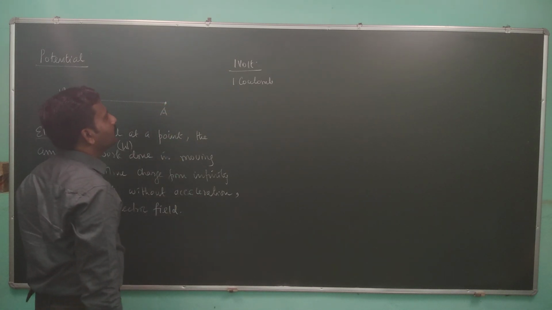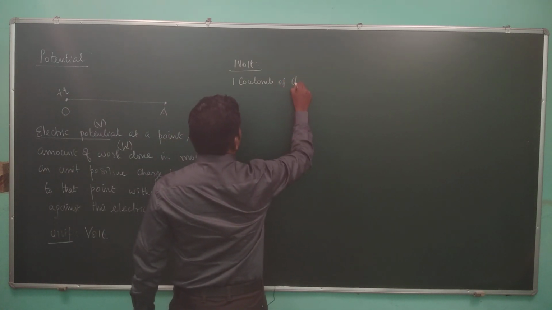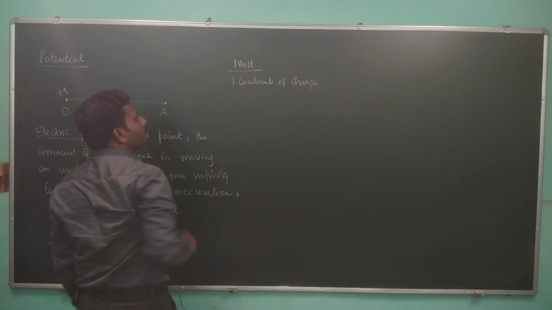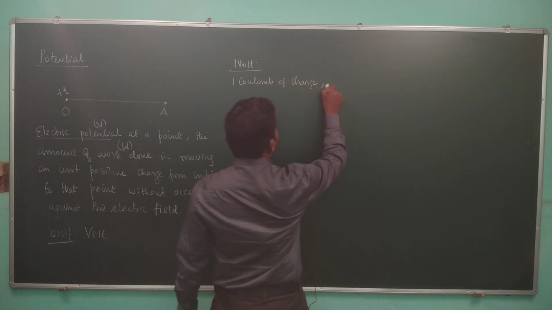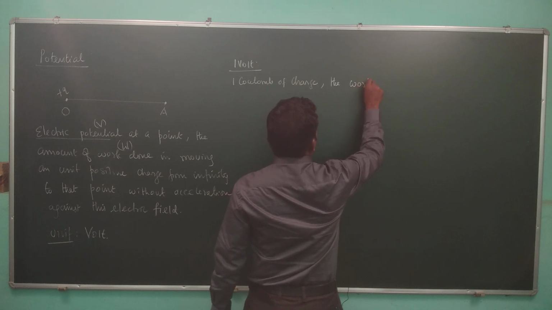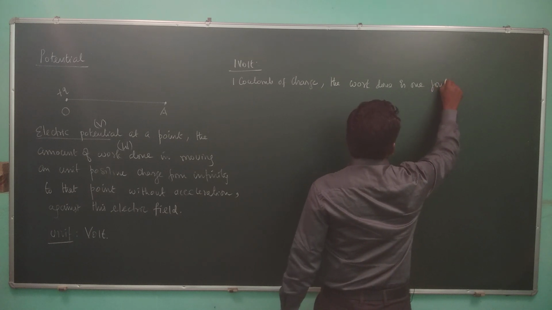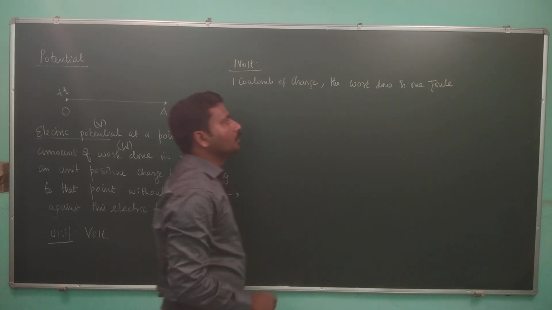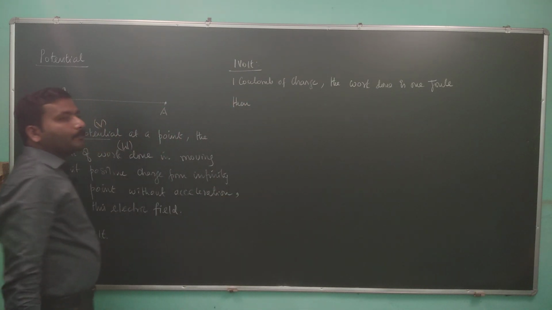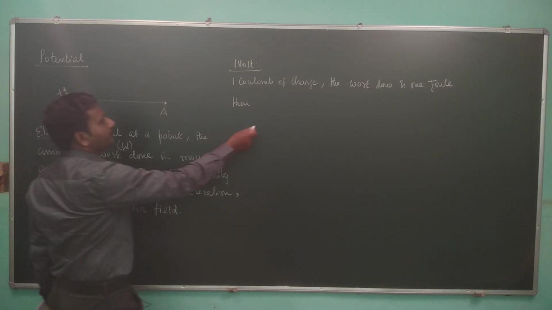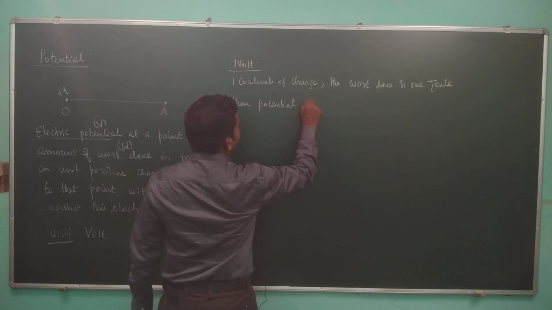For example, somehow from infinity you are bringing 1 coulomb of charge to point A. To do that, if the work done is 1 joule, then the potential at this point A will be 1 volt. Then the potential is equal to 1 volt.